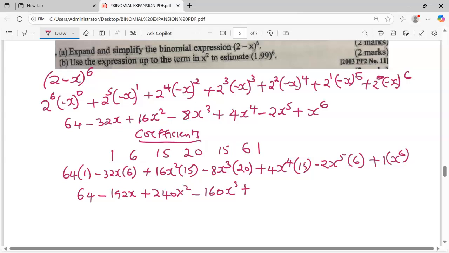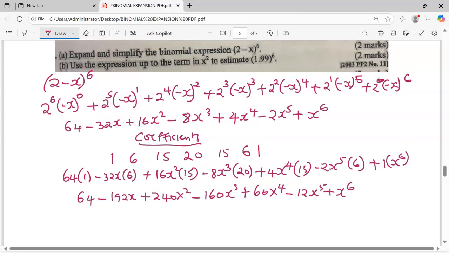Next a plus 4 times 15 you get 60x power 4, minus 12x power 5, and lastly plus x power 6. At this point, the first part of the expansion is complete.